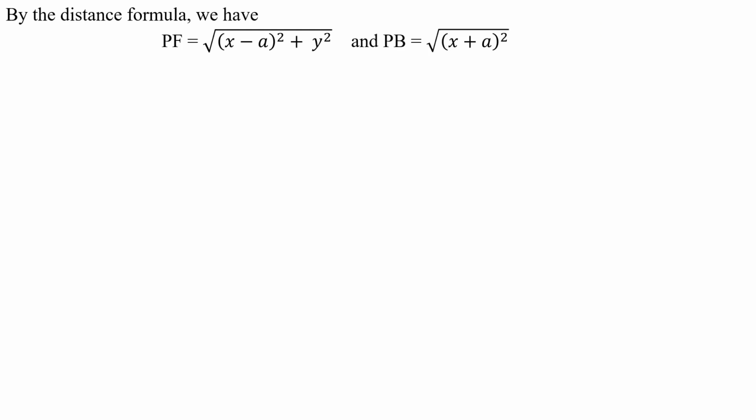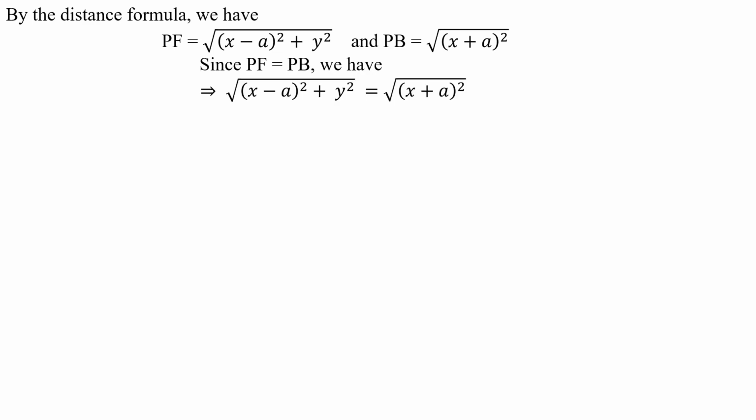By the distance formula, we have PF equal to the square root of (x - a) whole square plus y square, and PB equal to the square root of (x + a) whole square. Understood these two values, PF and PB? Since PF is equal to PB, we have the square root of (x - a)² + y² equal to the square root of (x + a)².